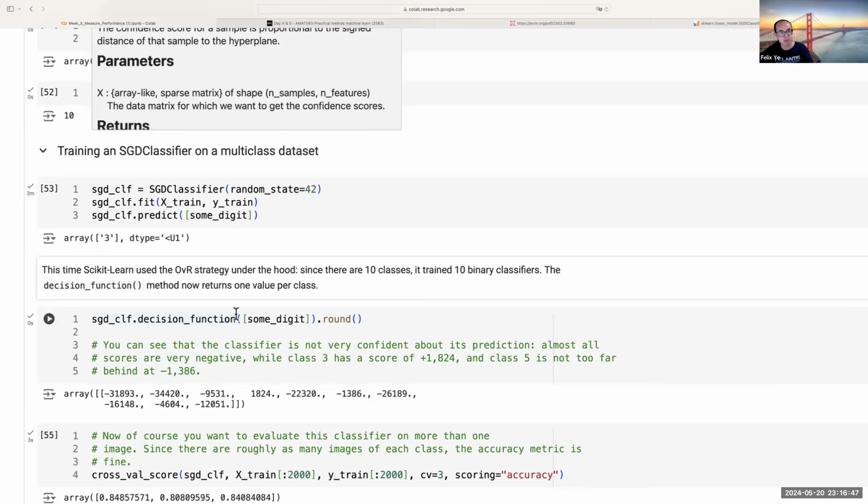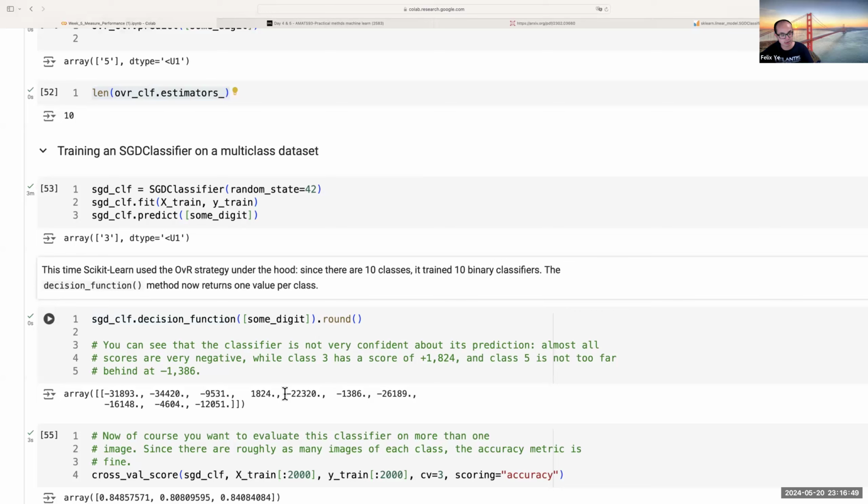But you can see this is not good. You are actually getting 3 right here, and it should be 5, but somehow it's being predicted as 3. And you can see right here, you are getting 0, 1, 2, 3, 4, 5. 3 is getting 1,800, and 5 is getting minus 1,300. And you can see this is not very confident with our predictions.